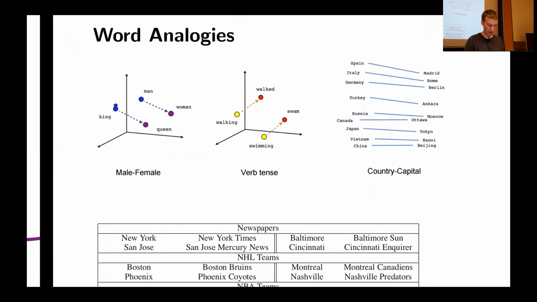So, for example, the words king and queen, they're embedded somewhere. Here are these two vectors, and they seem to have a similar direction as man and woman. That's kind of interesting. Why is that interesting? Because then you can do this kind of algebra.